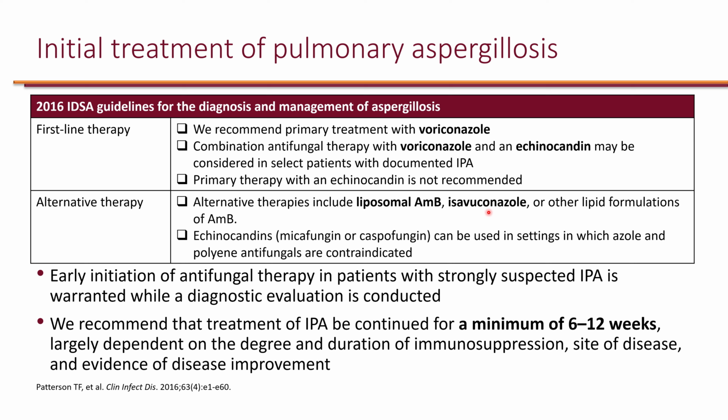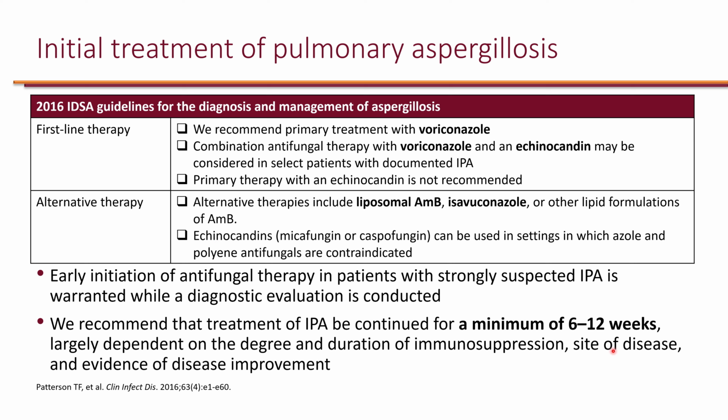Nowadays we have more experience with isavuconazole, so it's a pretty effective drug for pulmonary aspergillosis. And echinocandins can be used in the setting in which azoles and polyenes, so amphotericin B, are contraindicated. So that's when we would do echinocandin monotherapy, when we have no other options available.